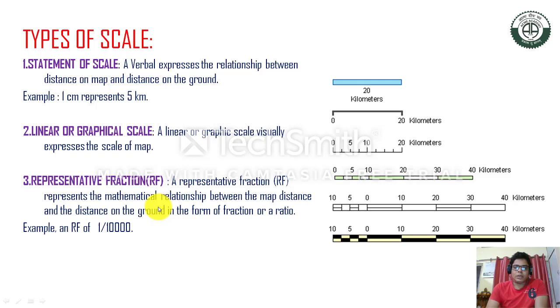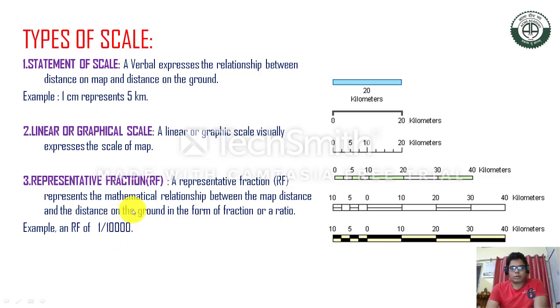In the numerator there may be 1, so 1 by 10,000. Then you can say that 1 centimeter represents 10,000 centimeters on the ground. So that is the RF. This can be shown as a ratio also, 1 is to 10,000. So 1 centimeter on the map is represented by 10,000 centimeters on the ground.